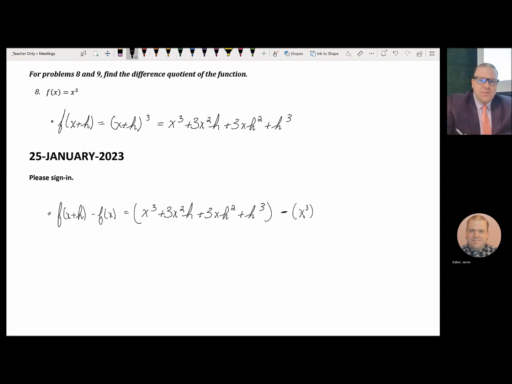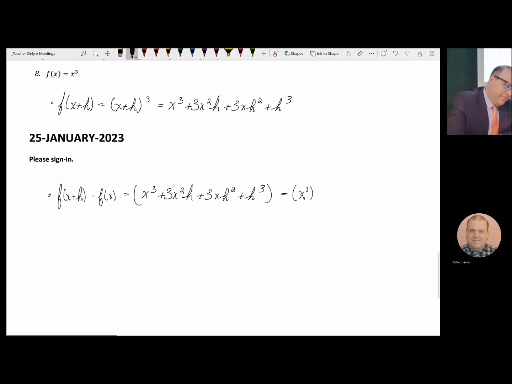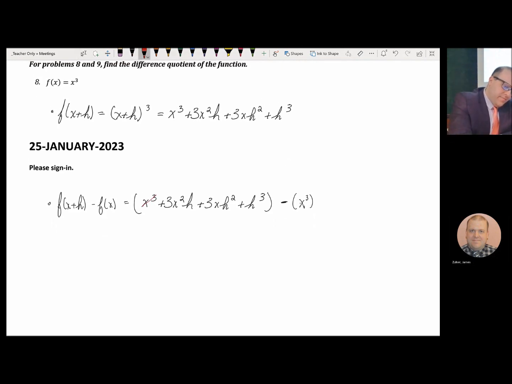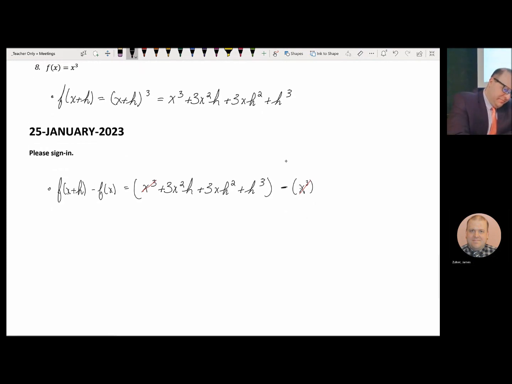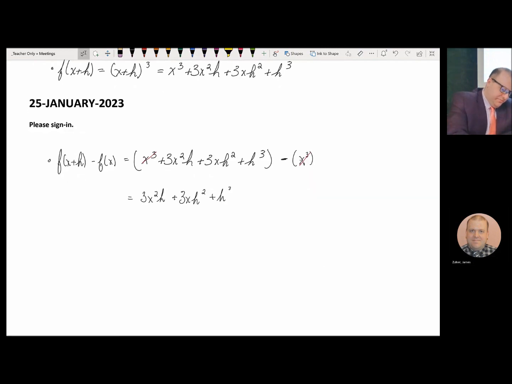Cubed minus x cubed. Left with 3x squared h plus 3x h squared plus h cubed. Final step is to take that and divide out an h.